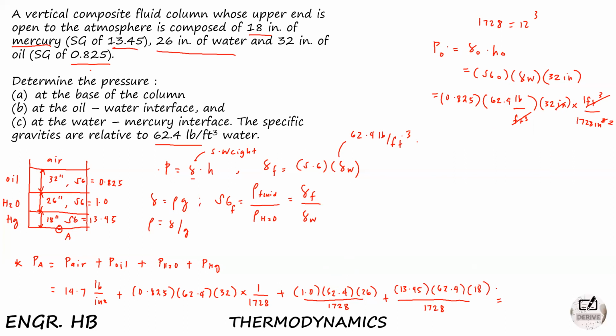Each of any one of the pressure ng fluid is in the unit of pounds per square inch na or psi. Isa-isahin na lang natin: 14.7 plus 0.825 times 62.4 times 32 divided by 1728, plus 1.0 times 62.4 times 26 divided by 1728, plus 13.45 times 62.4 times 18 divided by 1728.